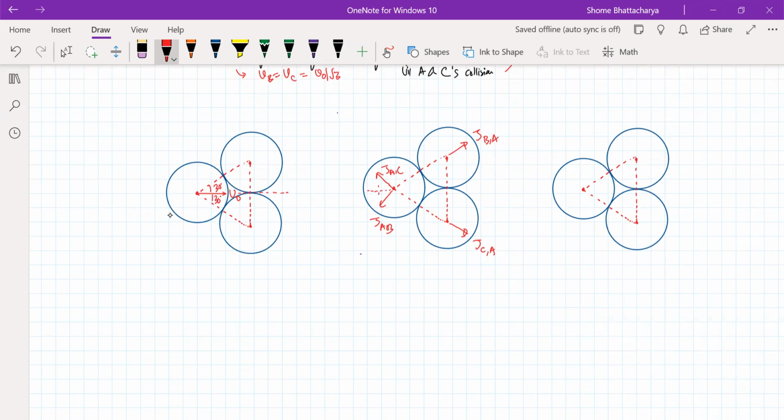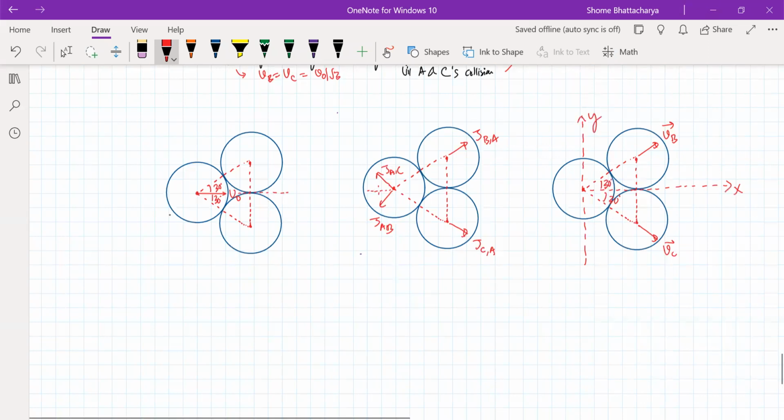As a result of this, A is stopping, whereas B is developing some velocity in this direction itself, and C will develop a velocity in this direction. So these angles will have to be 30 degrees. Here the convenient thing to do would be to take this as our x-axis and this as our y-axis.